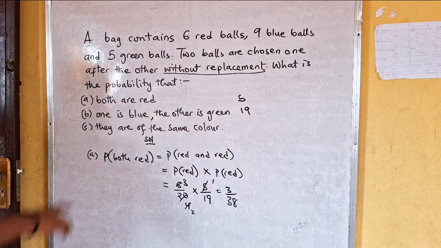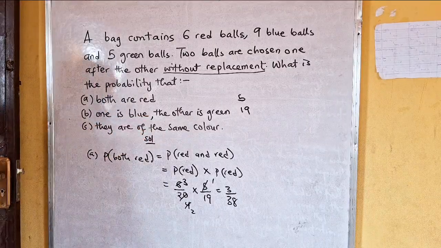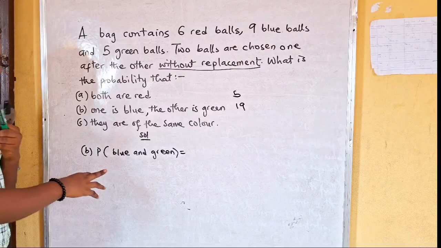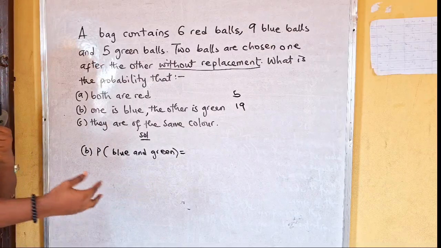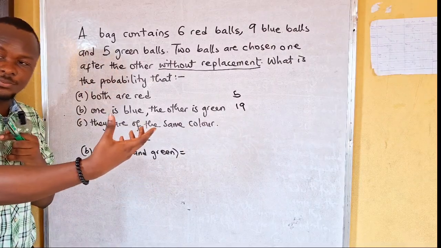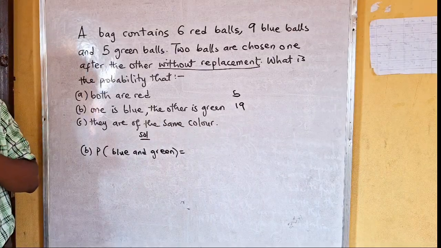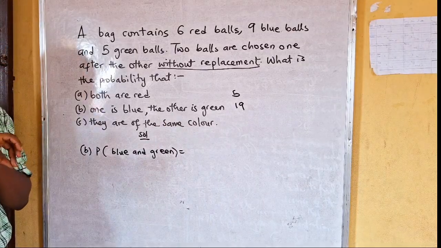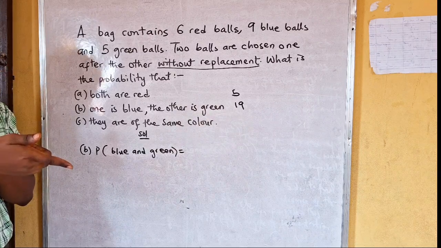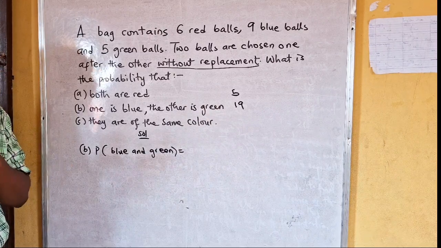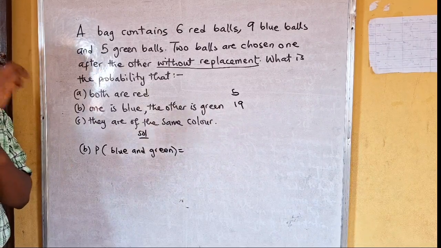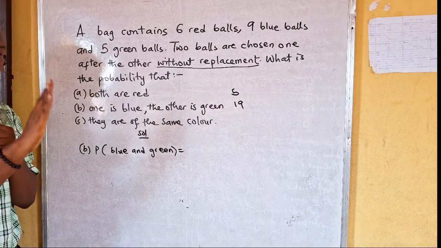Let's do for one is blue, the other is green. So probability that one is blue and the other is green. It can be the first one is blue and the second one is green, or the first one is green and the second one is blue. Except if they said the first is blue and the second is green, then you only do blue and green.